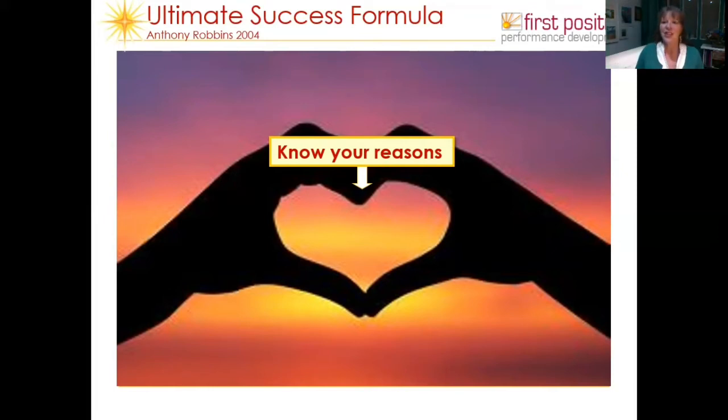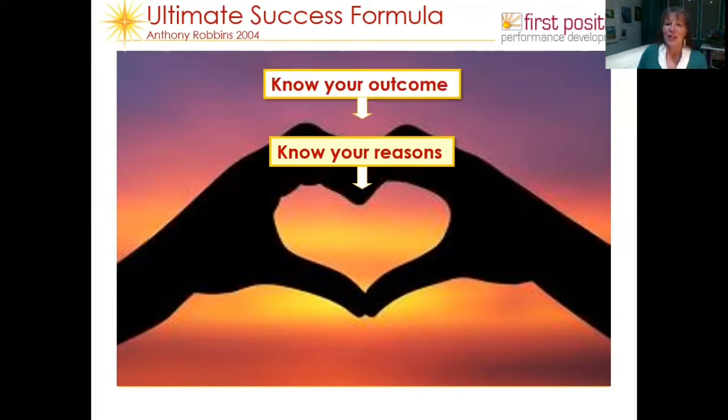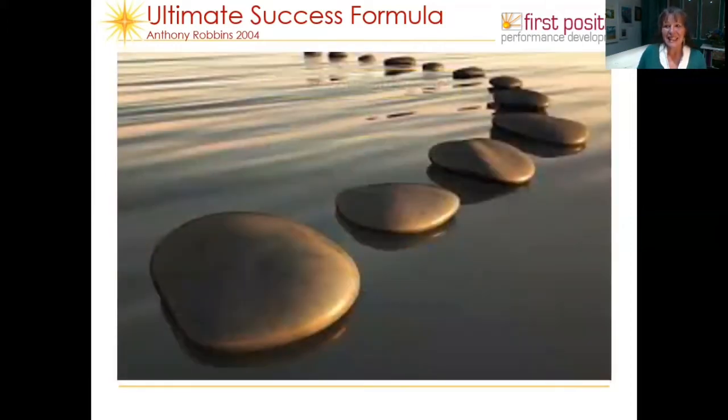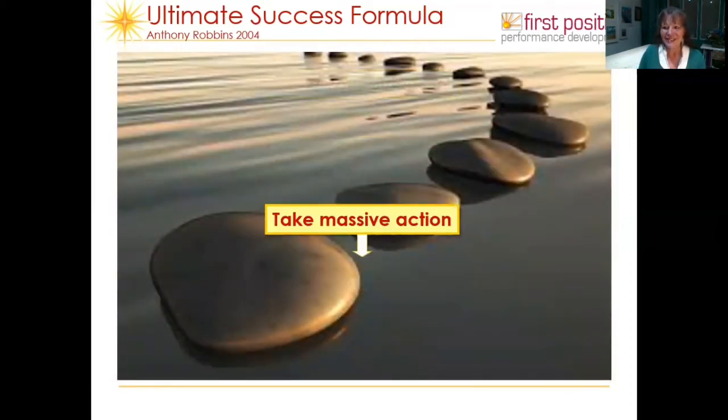So with your motivation sorted, once you know your outcome and you know your reasons, the next is to take massive action. Now, Anthony Robbins is this big American chap who speaks loud and is a wonderful inspirational speaker. And it's sort of his languaging to say, take massive action.